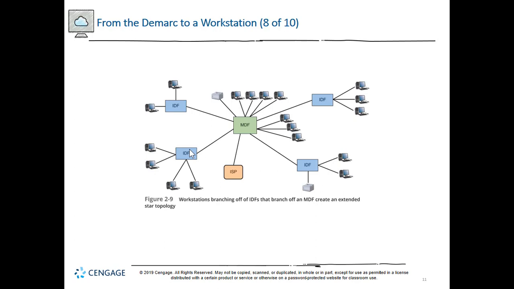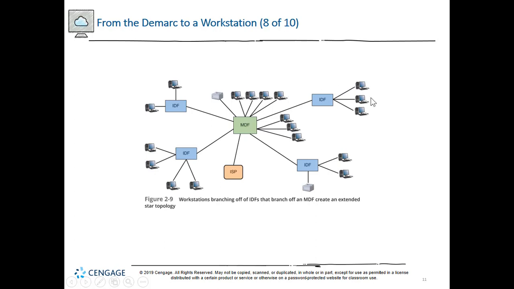This is what you typically would have to look for, and this is what I was talking about earlier. As you can see, this is my workstation area over here, which connects over to my IDF. My IDF, for organizational purposes, comes over here to the MDF. There could be a number of different reasons why we're not bringing this connection here, just bringing all these wires across the line into the MDF.